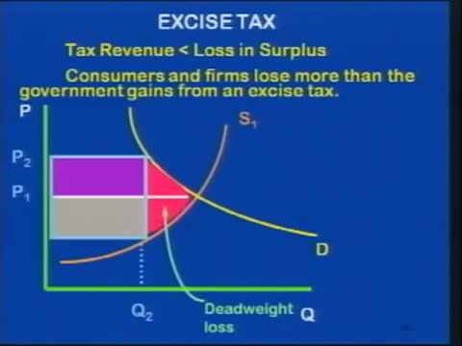They are now not getting the benefits of the units that they would have consumed otherwise. And producers are losing because they're selling less of the good and not making profit on those goods they could have sold at the original price. So both of those parties are losing relative to what could have been. And that's the amount that the revenue is less than the paying of the tax.